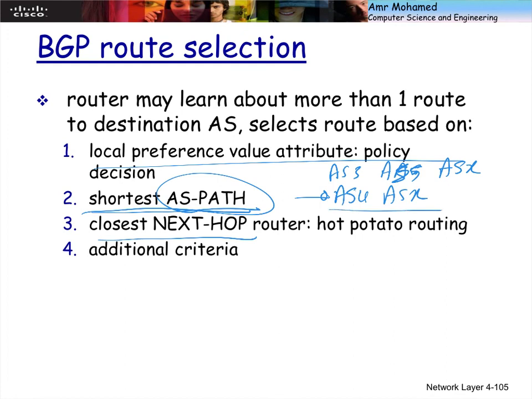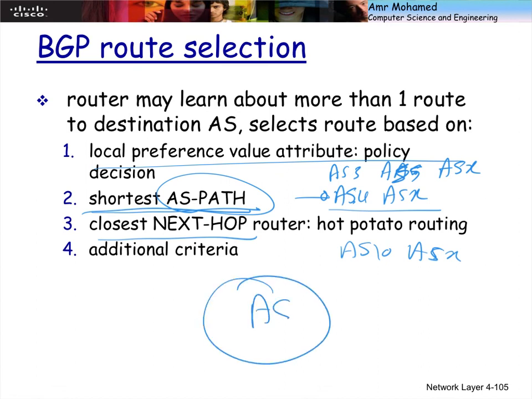Or if I have both of them with the same cost for the AS path. So one is AS4 ASX and the other one is AS10 ASX, which means that the autonomous system path in terms of cost is pretty much the same, right? So in that case I'll go to the next level. AS4, I can reach it through a specific internal gateway.